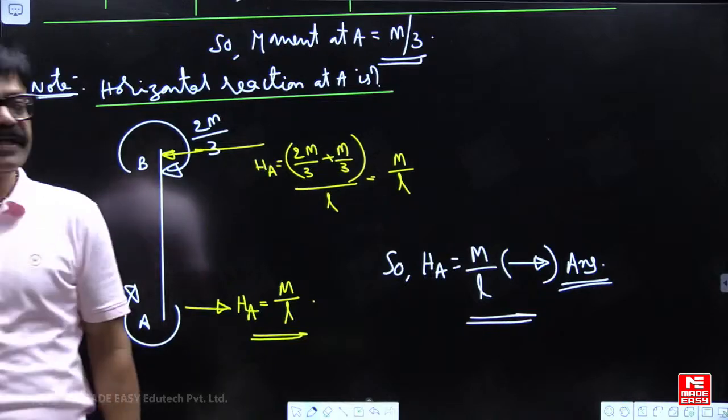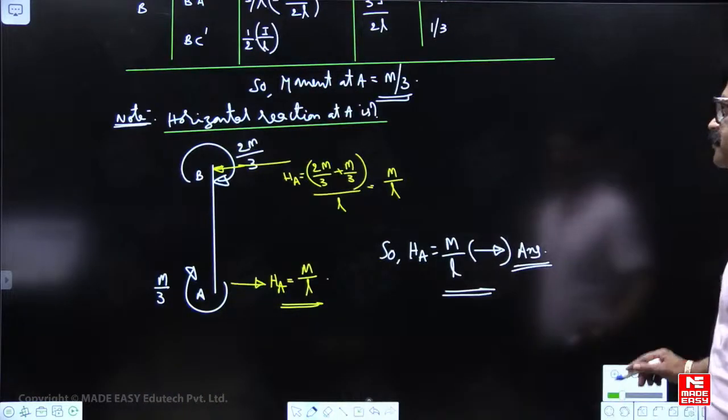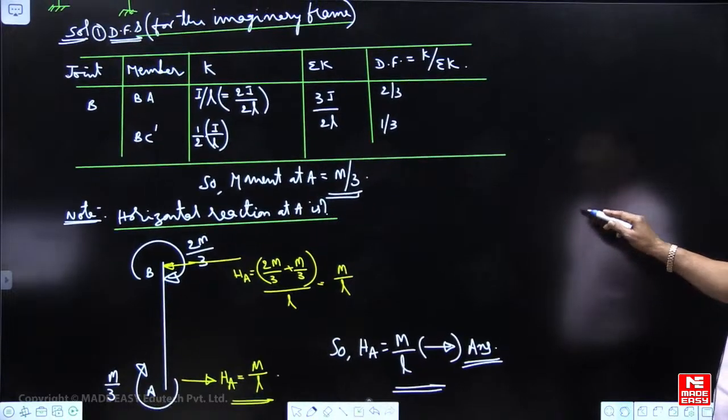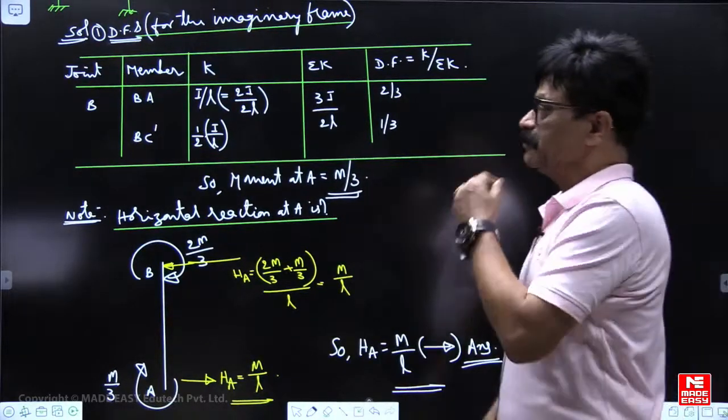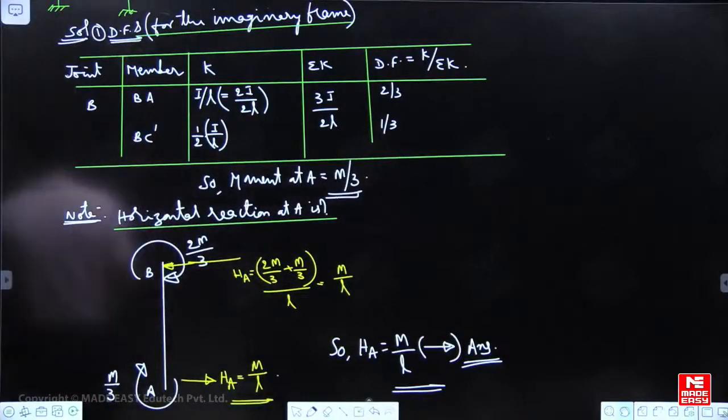M by 3 and M by L, correct? So that is the meaning of taking the advantage of symmetry.